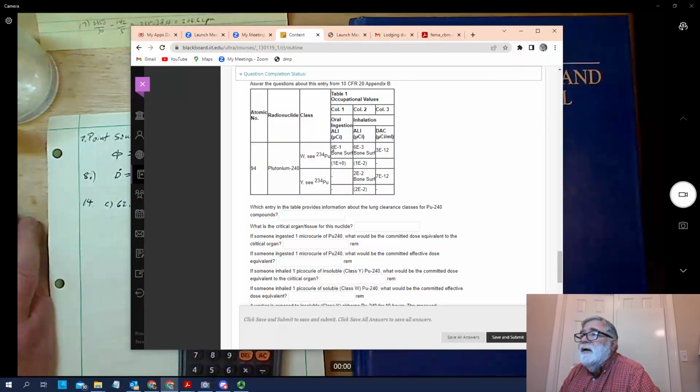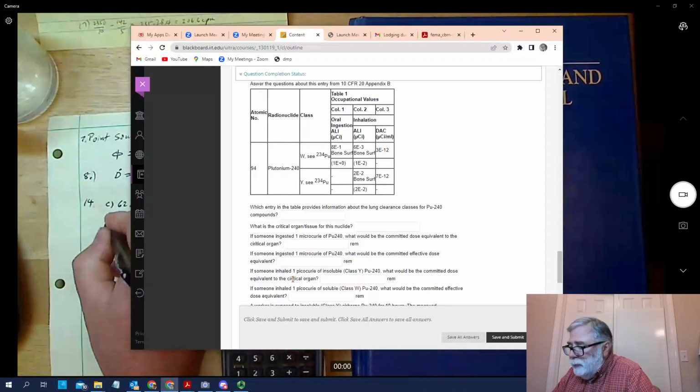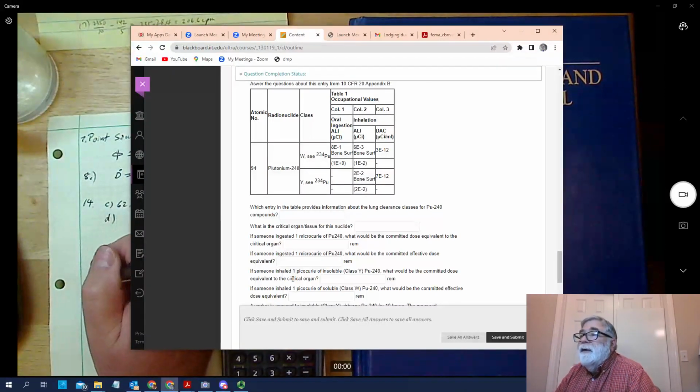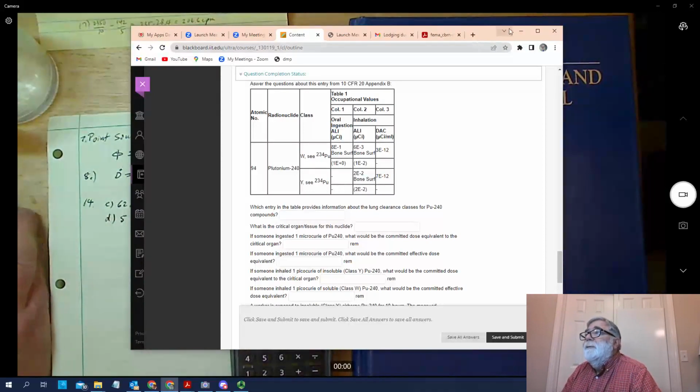Instead of using the one for the critical organ, I use the one in parentheses, the one for the whole body, the committed effective dose equivalent. The ALI is 1. They ingested 1 microcurie, so their effective dose equivalent is going to be equal to the limit. The limit for the committed effective dose equivalent is 5 rem.